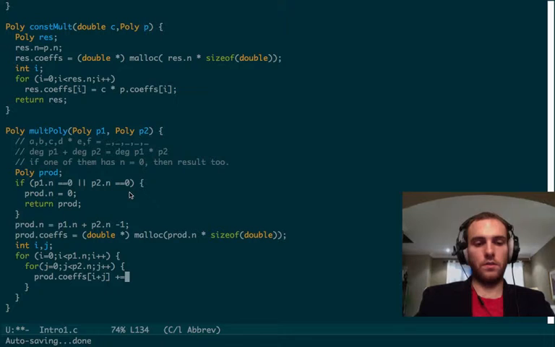Plus equals p1.coefs i times p2.coefs j.